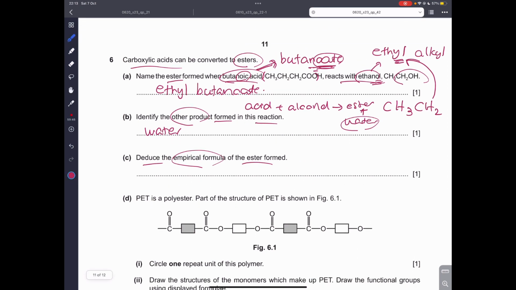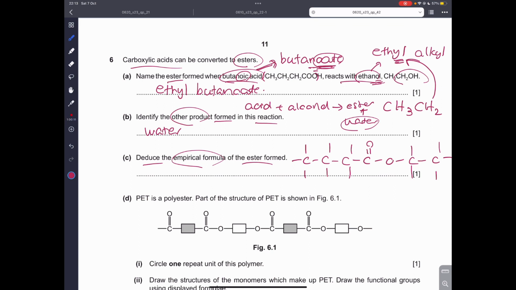So we basically have to draw this out. So it's going to be something like this. Okay. Butanoic acid is going to form the acid part. So if we draw them, we can draw them like this. And we can add the ethyl group.